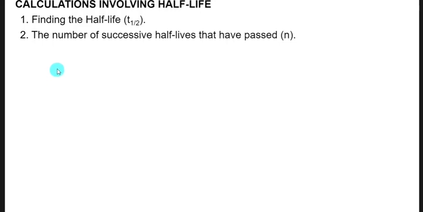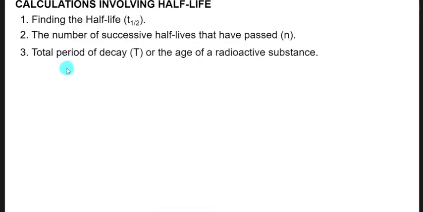Number 3, the total period of decay, which is represented by T, also known as the age of a radioactive substance.